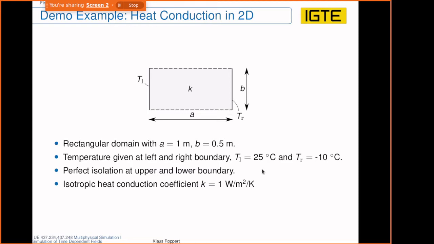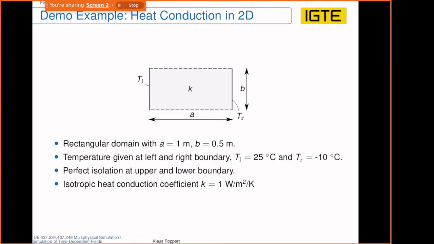And I think you have already heard that if you don't prescribe anything at the boundaries, this corresponds to a homogeneous Neumann boundary condition, which means there is no flux through the boundary. So in this case, the flux is the heat flux density, which is the negative gradient of the temperature.